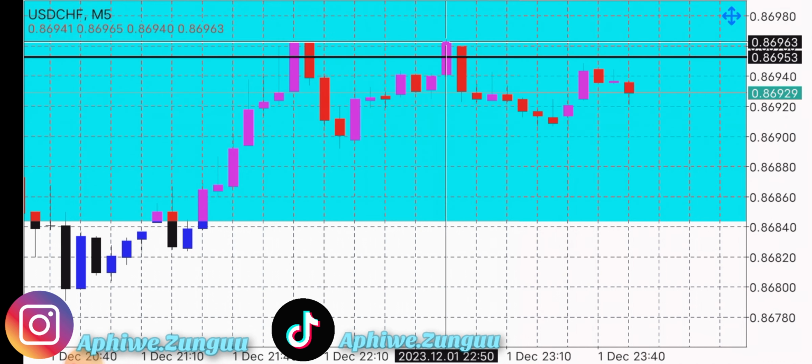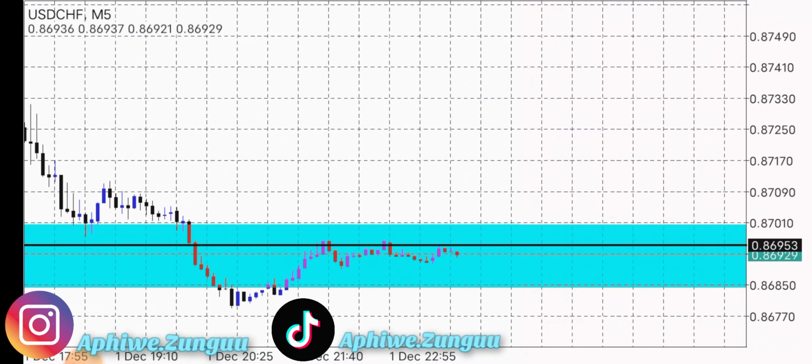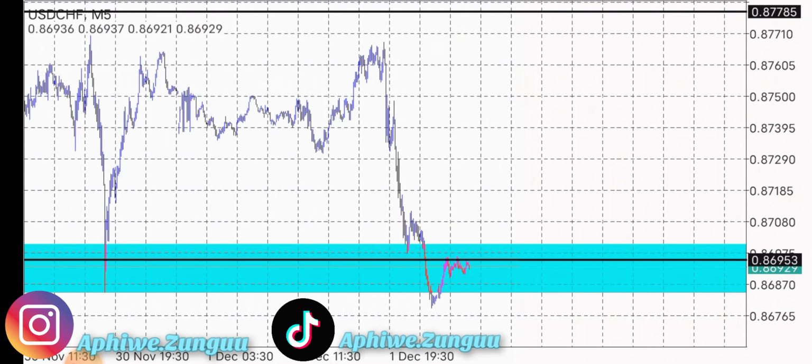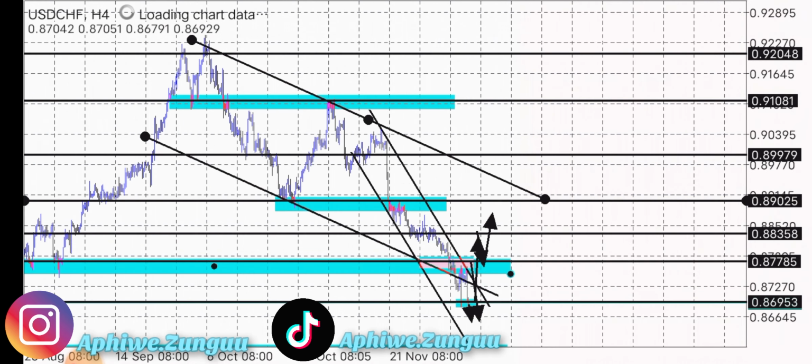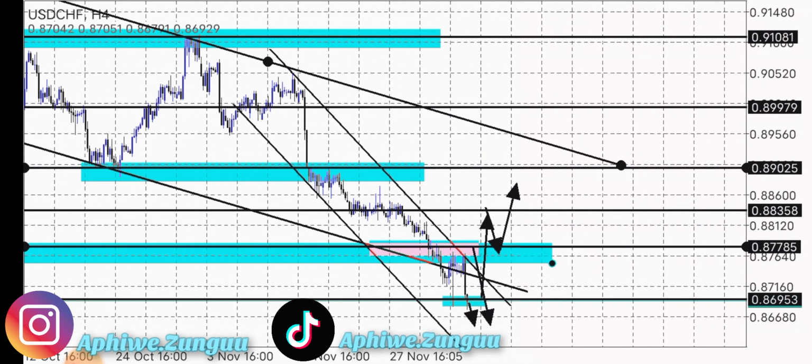It created equal highs, which is a double top, and then it created a lower high in that area, which is a triple top. So those are confirmations of taking sells. For USDCHF, I'm very confident in the sells as we broke out of our all-time trend in the 4-hour time frame, which is another confirmation to take sells towards the downside.